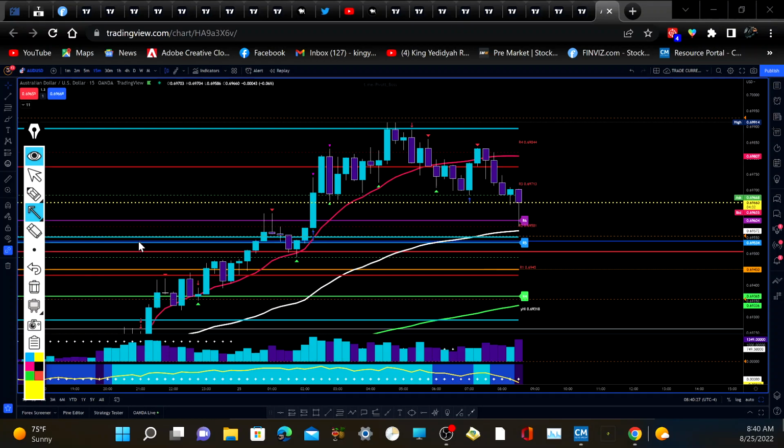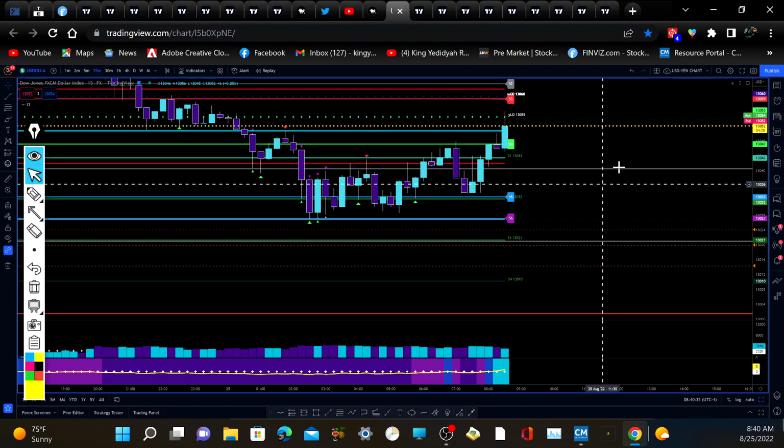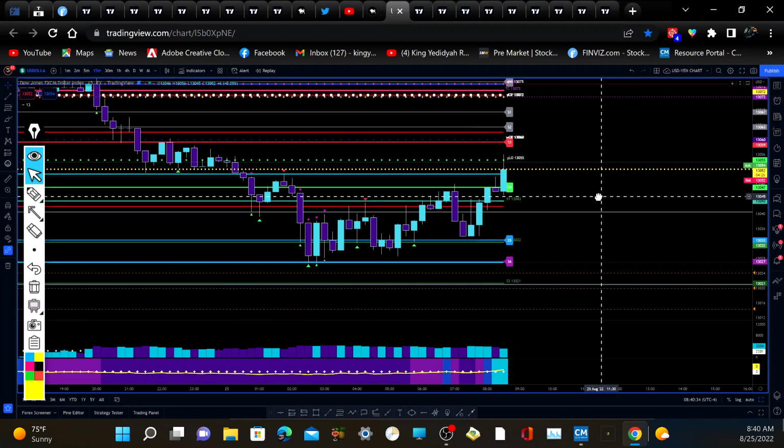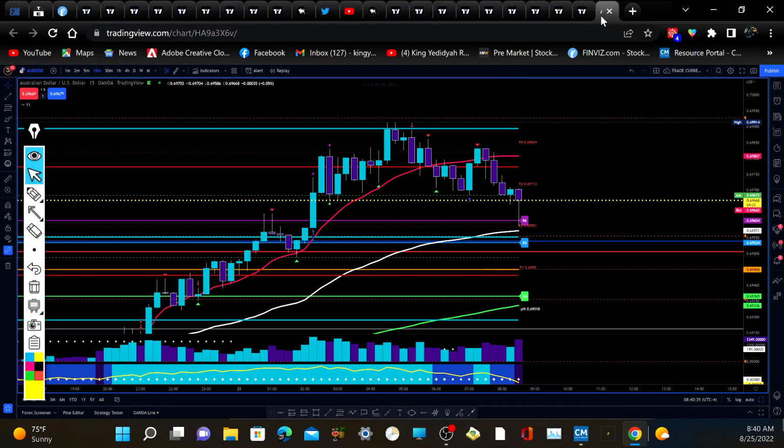Let's see, it's been 10 minutes since the news. This candle is starting to pull back a little bit. I don't think it's really gonna go bullish. So alright, this is what I'm gonna do here.